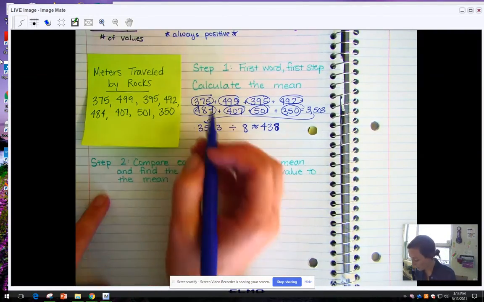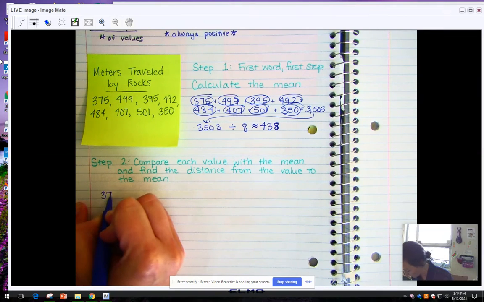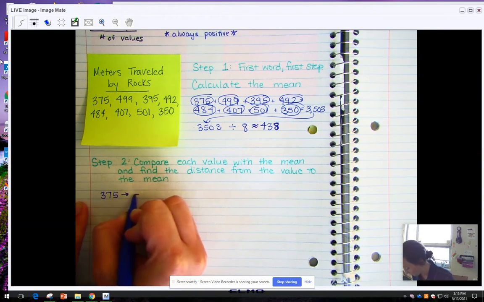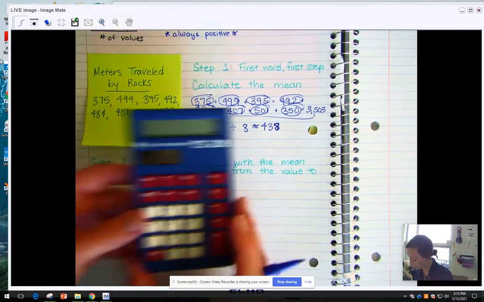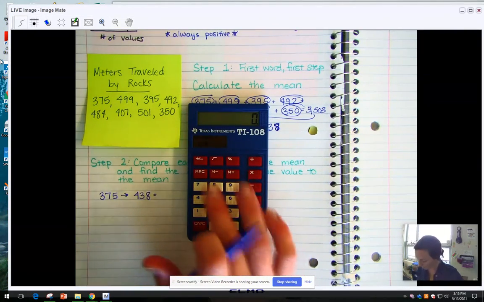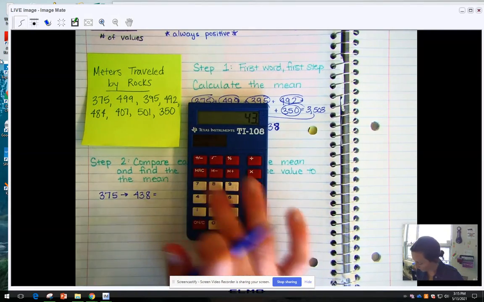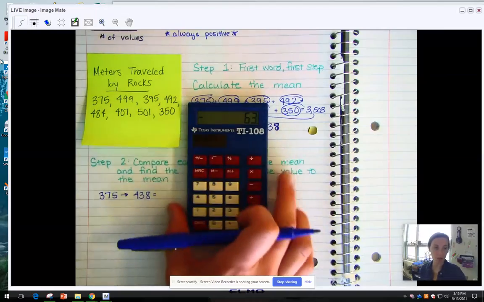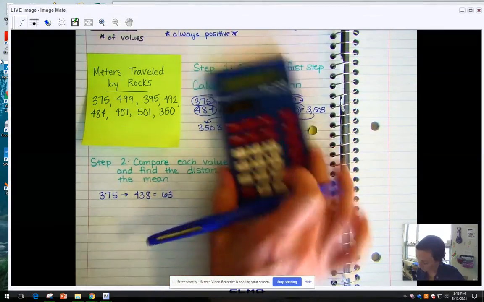So one of my data points was 375, so I'm finding the difference from 375 to 438. Now in this case, 438 is bigger, so I can either do 438 minus 375, or I can do 375 minus 438. Even though it's negative, I'm just going to remember that absolute value is always positive, so this is 63.